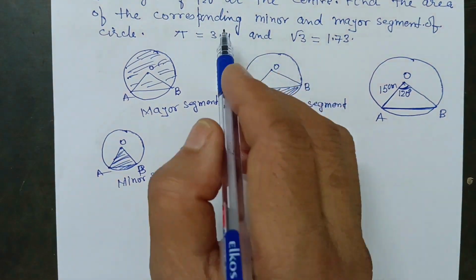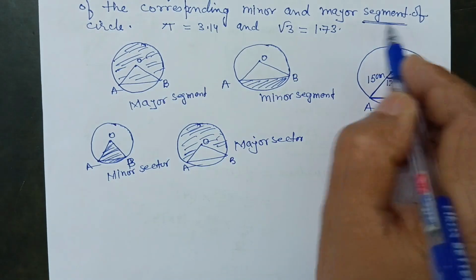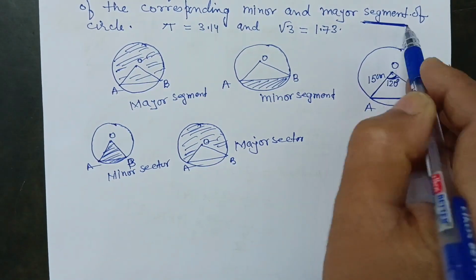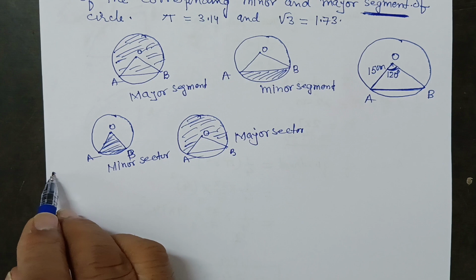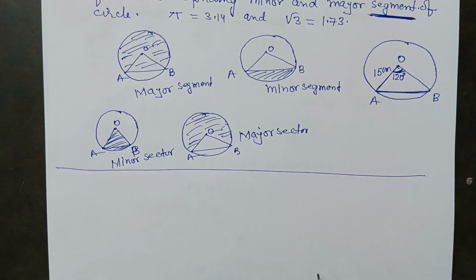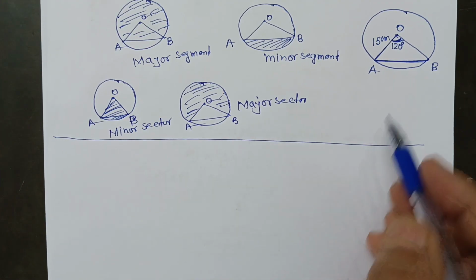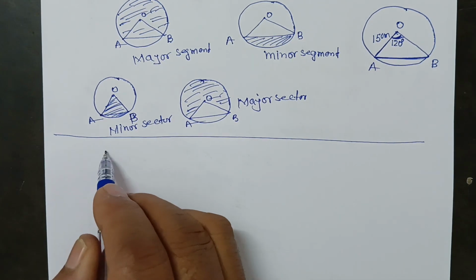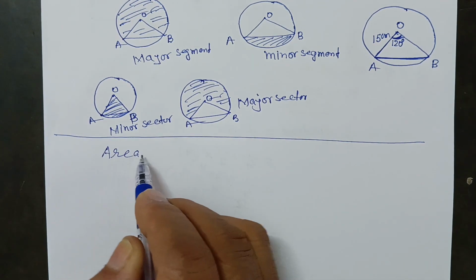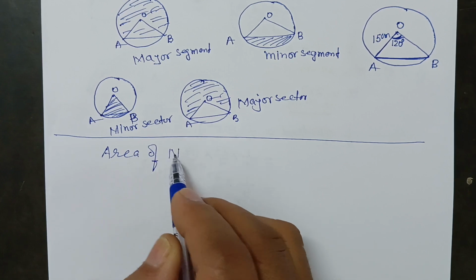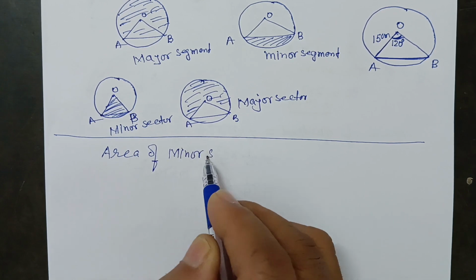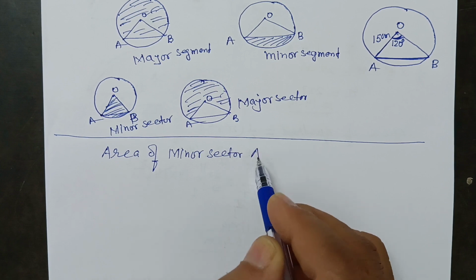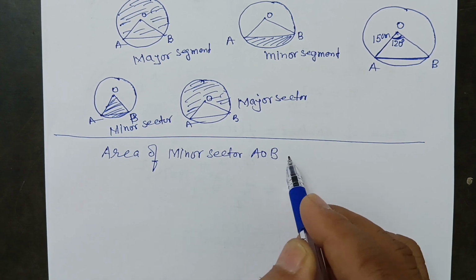Now our question is to find the area of the segment. To find the area of the segment, first we will find the area of the minor sector AOB.